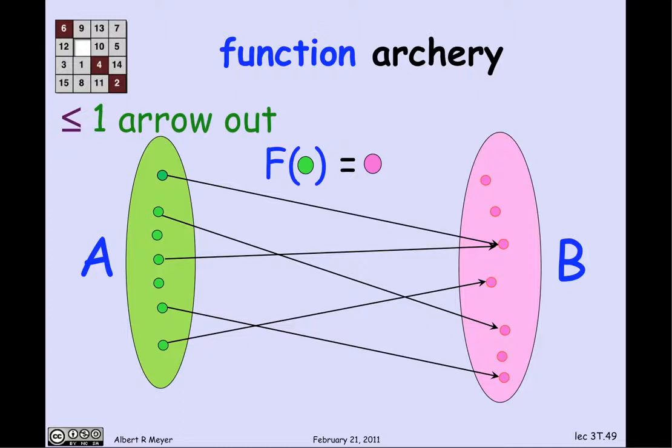And sure enough, there's at most one arrow coming out of each of the points on the left in A. Some of the points have no arrows coming out. That's fine. And so for those green points with an arrow out, there's a unique f of the green point equal to a magenta point in B that's uniquely determined by the functional relation f, which may not be defined for all of the green points if they don't have any arrow coming out of them. So function means less than or equal to one arrow coming out.